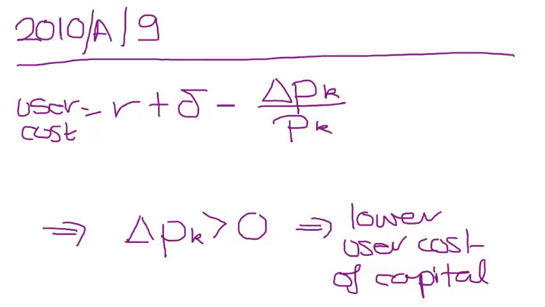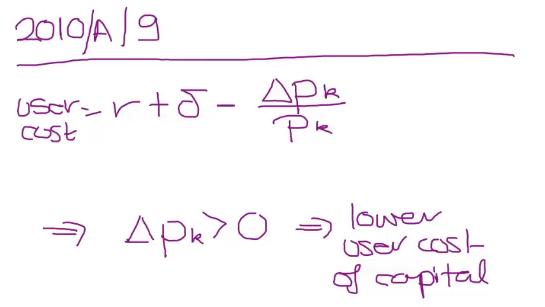So indeed, when the price of the unit of capital goes up, that decreases the user cost of capital. So the statement, the expectation of a rise in the price of capital goods increases the user cost of capital, is false, because actually it decreases the user cost of capital.